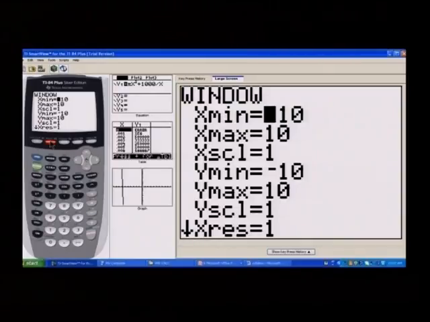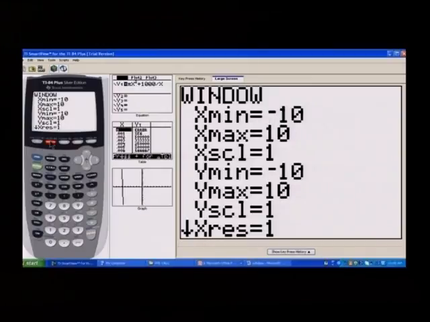What would be the minimum radius that you could possibly have for a can theoretically? Well, 0. Be a silly looking can, but you could have it down to 0. Could you really have a negative radius? Probably not. So what we need to do is set our window so that our x minimum is really somewhere around 0. Now I do like to see a little bit to the left of 0, so I'm going to leave it at -10.